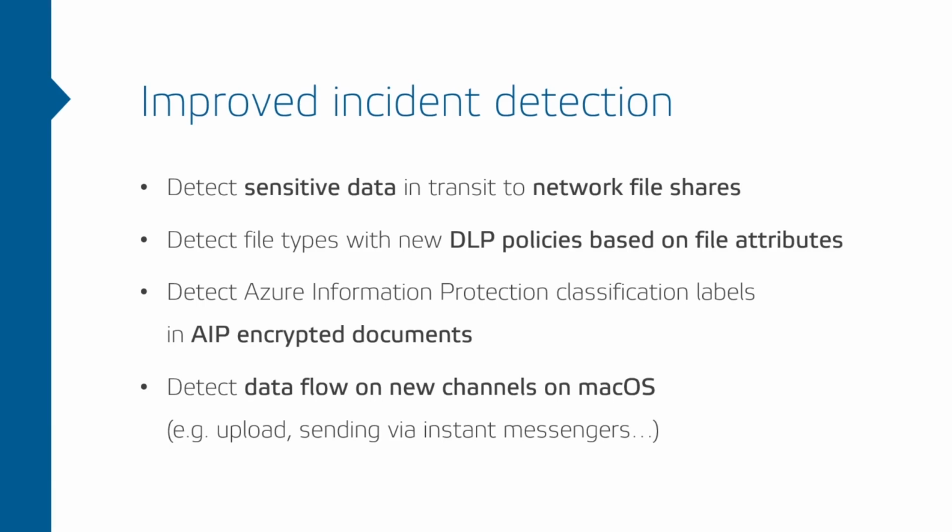In case you were using AIP in an encrypted format, Safetica was not able to detect the label from these encrypted files, but with the new version, we are now able to read labels also from encrypted files. So in case this is something you are dealing with in your environment, after the update, Safetica will be able to recognize all these labels and respond to them appropriately.